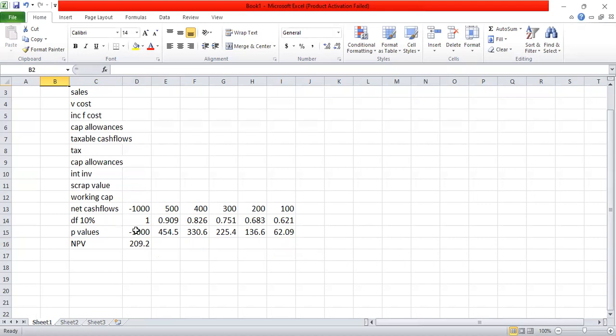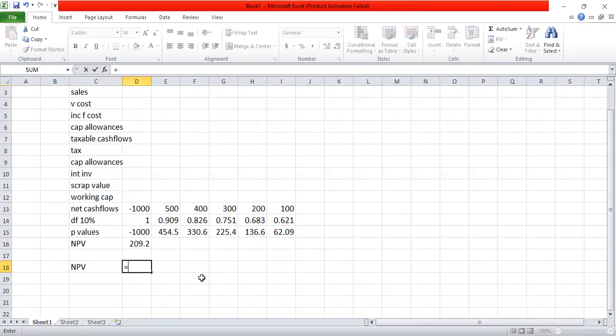So the examiner has mentioned you have to apply the spreadsheet functionality. Now see, again I am computing this NPV with the help of the spreadsheet functionality.